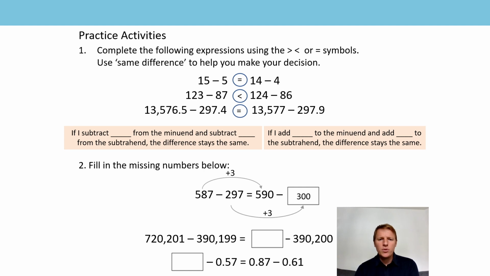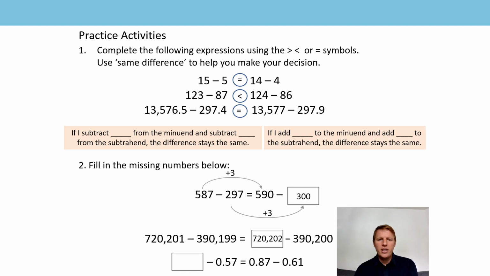My subtrahend has increased by 1, or if I think about right to left, it's decreased by 1, which is going to be more useful thinking about left to right, because we know the minuend on the left. So if the subtrahend increases by 1, that means my minuend needs to increase by 1. So the answer should be 720,202. Yes, I am right.